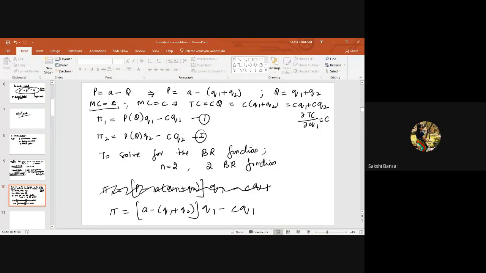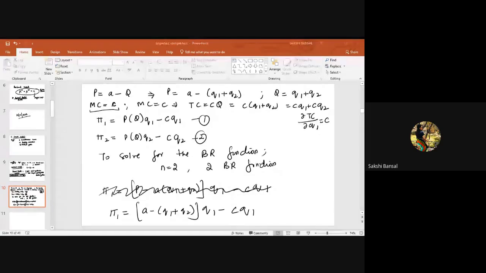My entire equation is a function of Q1 and Q2.